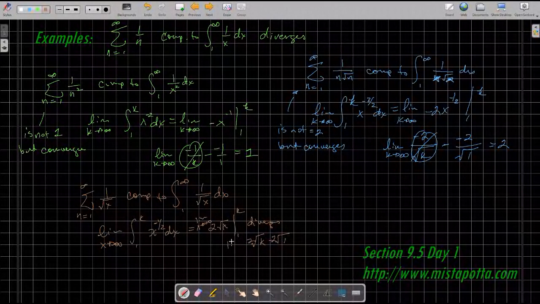And as k goes to infinity, that's going to go to infinity as well. And so that means that the sum of 1 over radical n, as n goes from 1 to infinity, diverges.